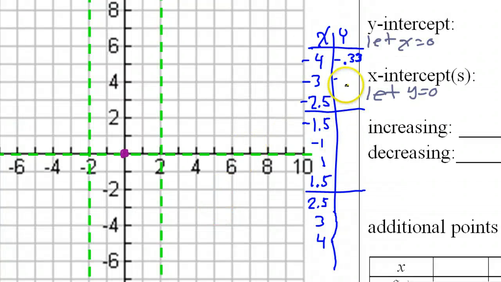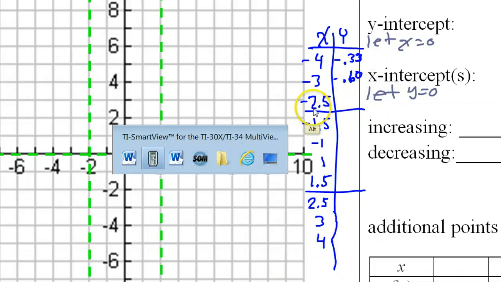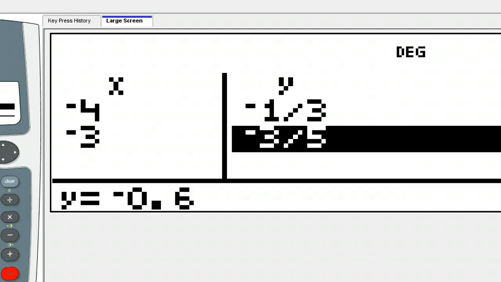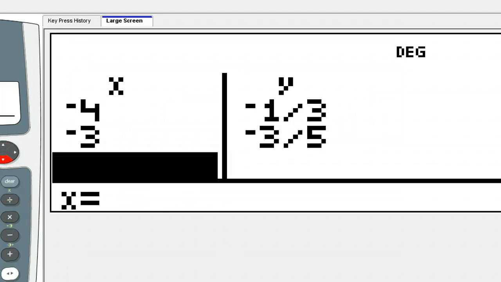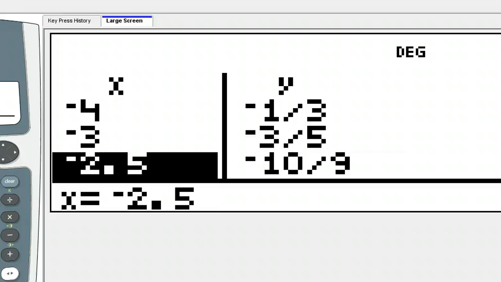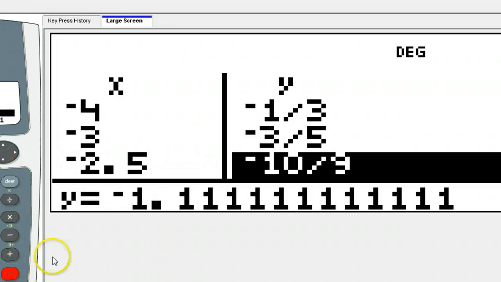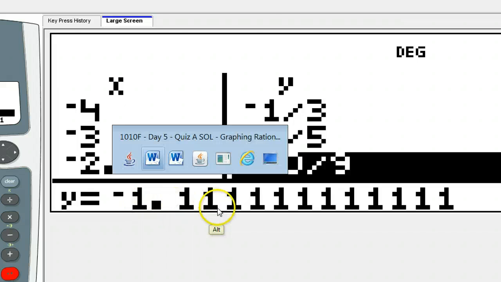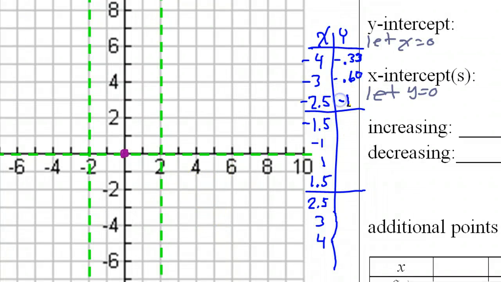Now, negative 2.5 gives negative 1.11. All right, I'm going to find the rest of these values off camera.